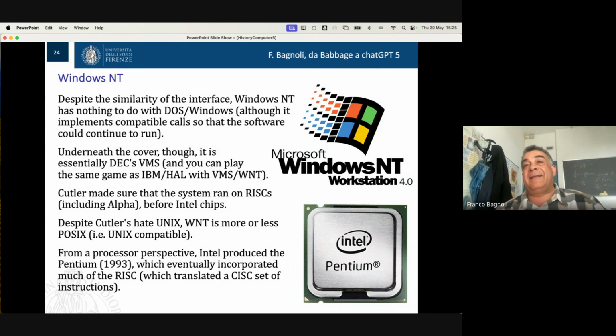But essentially it was written by users, while VMS was a top-down project with engineers who designed all aspects, so it was much more sophisticated, also much less flexible than Unix. So Cutler hated Unix, and was not concerned with having something Unix or POSIX compliant.